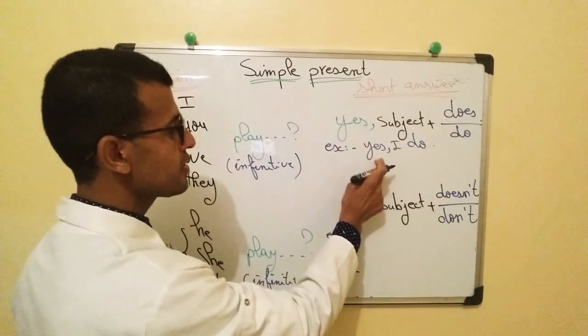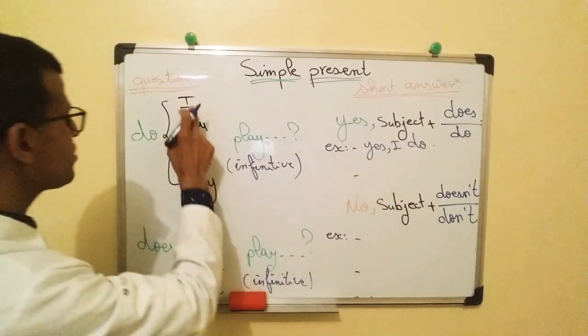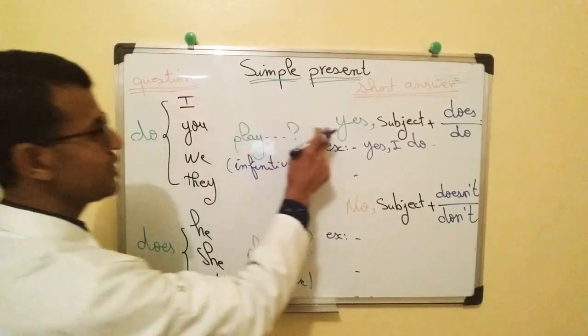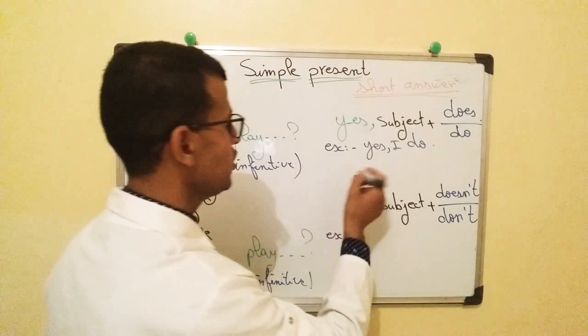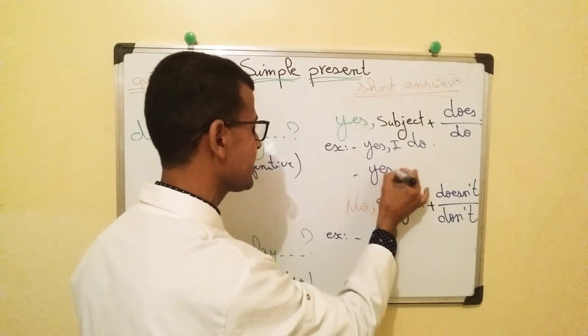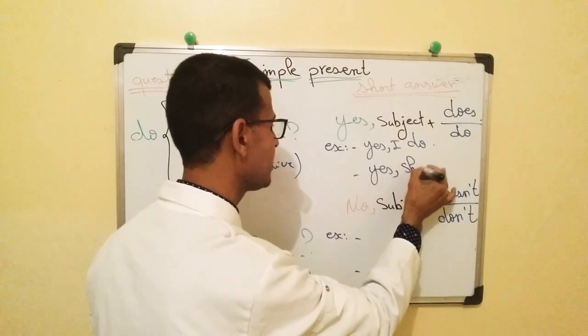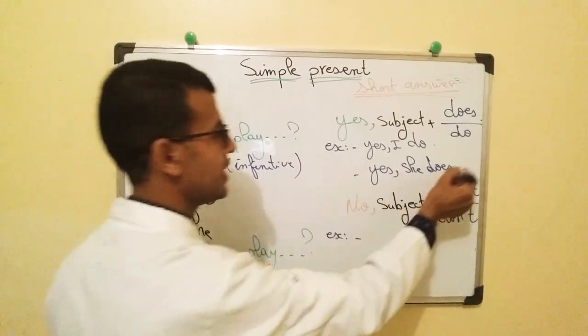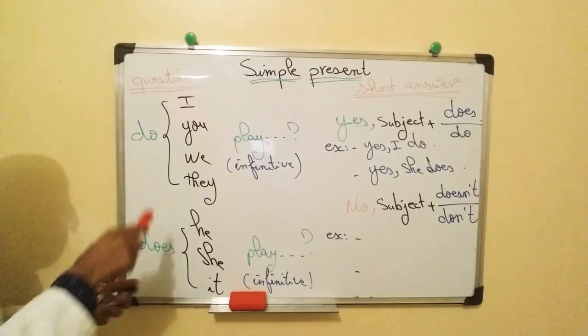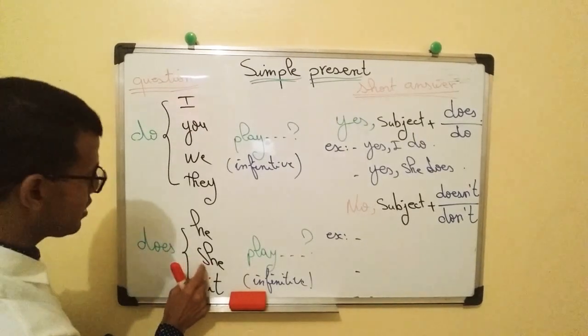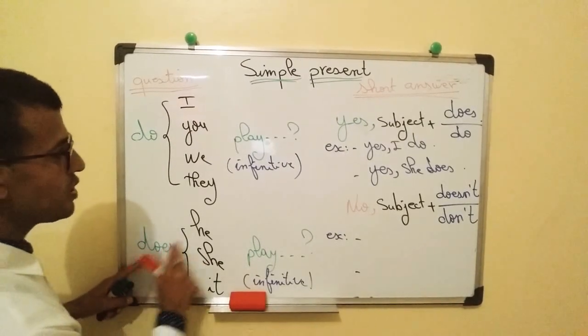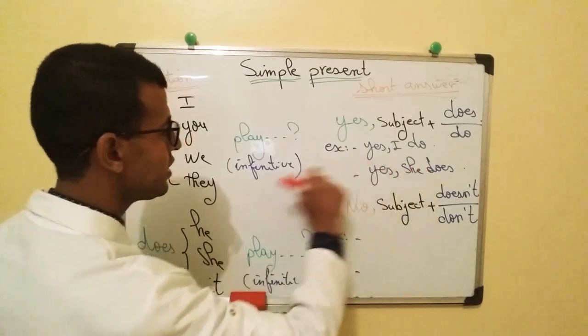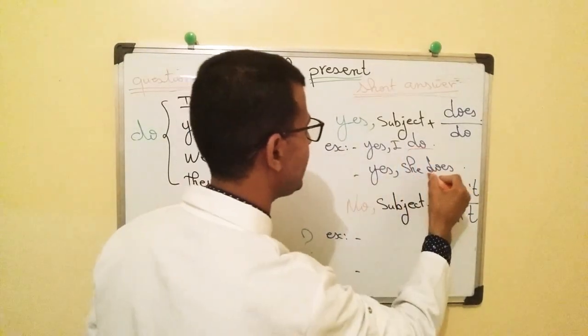So yes plus the subject I, and with I we use what? Do. Or yes, she does. With she we use does. So do and does.